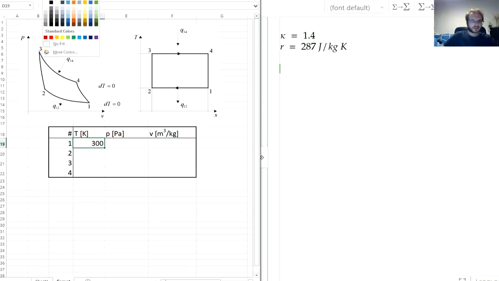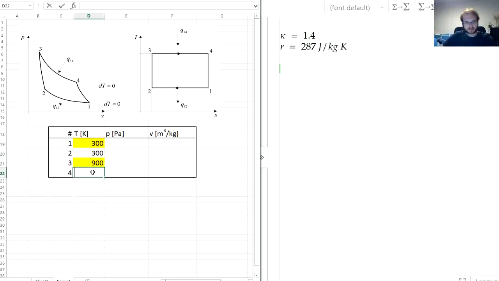Let's also highlight that we already know this from the problem statement, we don't need to calculate it. And temperatures 3 and 4 were 900 kelvins. So temperature 2 is the same as temperature 1 and temperature 4 is the same as temperature 3. So we already know all the temperatures.